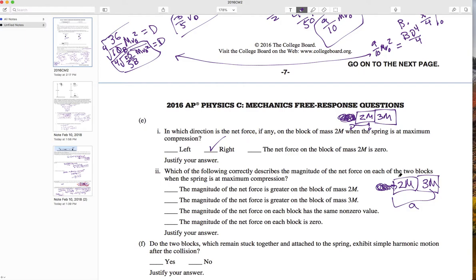But if the force is on both of these objects, then we have F equals 5m A. So F over 5m equals A. But the A on this has to be the same as the A on this, which has to be the same as the A on this. So the net force is actually going to be 3ma on this object and 2ma on this object. So actually, what we get is that the net force is greater on the block of 3m.